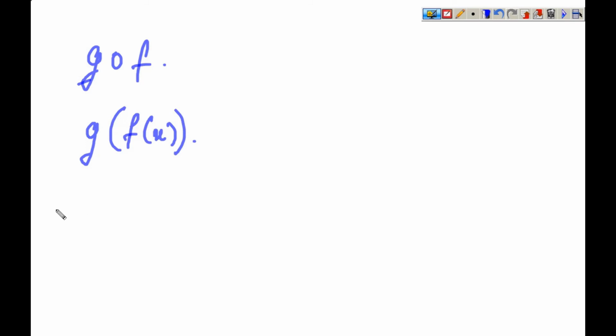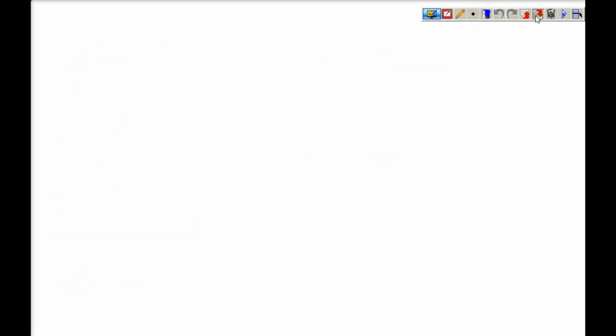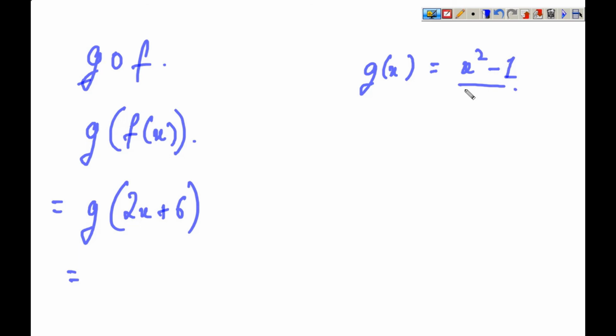So it will be g of 2x plus 6, and then g of x was given in the question as x square minus 1. So we just substitute this value in place of x.